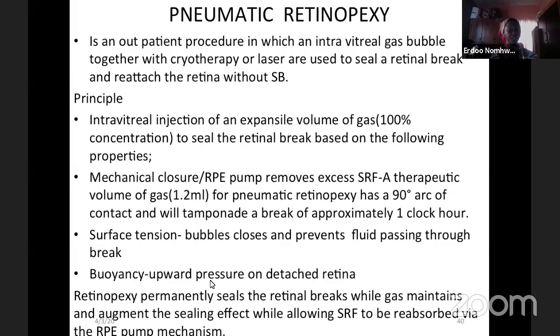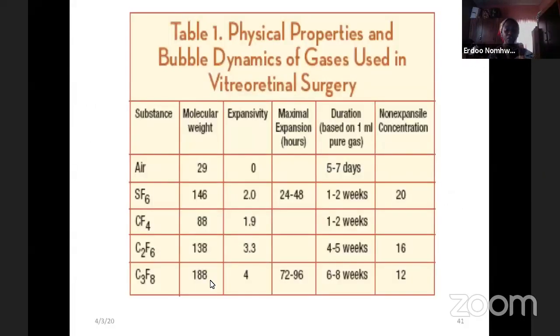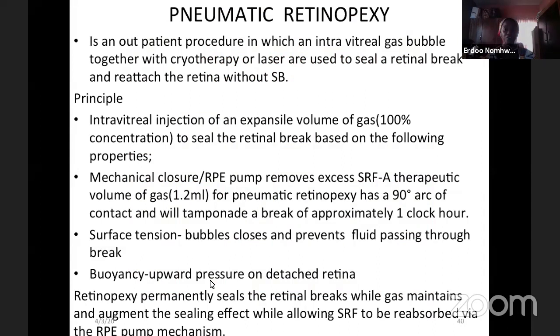For mechanical closure, it helps to form an arc of about 90 degrees. The volume of gas which you usually inject will form a 90-degree arc of contact with the detached retina, and will tamponade any break that is usually 1 clock hour.